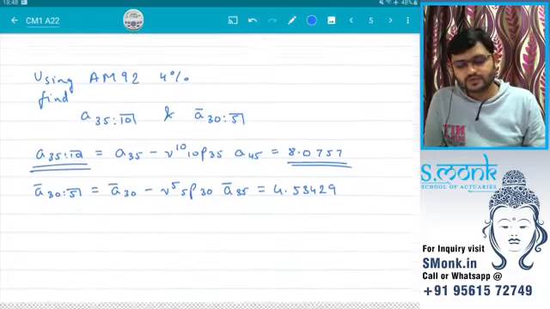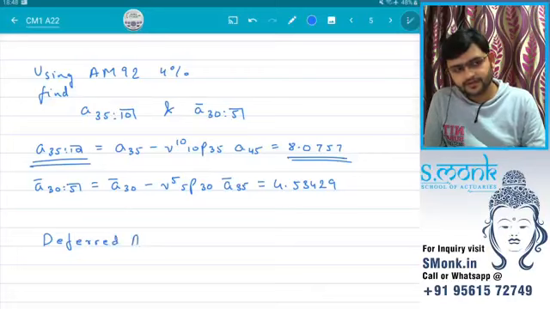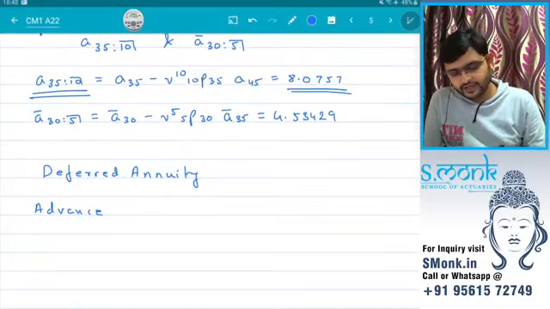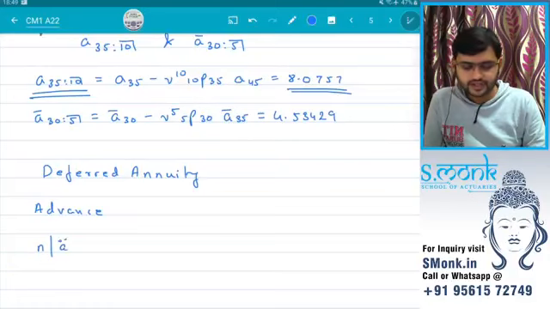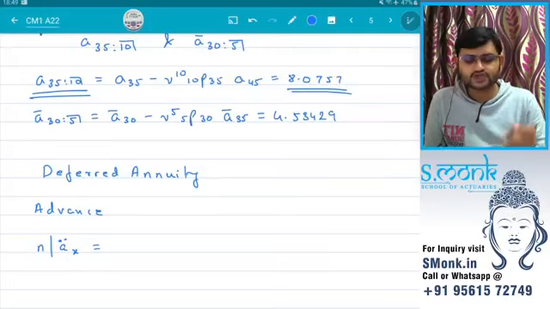Of course, we may have a deferred annuity, which might be in advance. We'll write it as n deferred a due x. That is, after n years the annuity in advance will start for a person who is age x today.